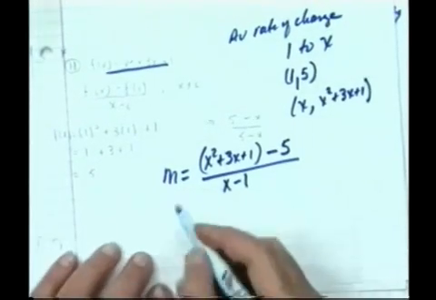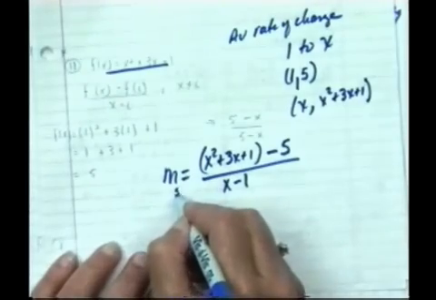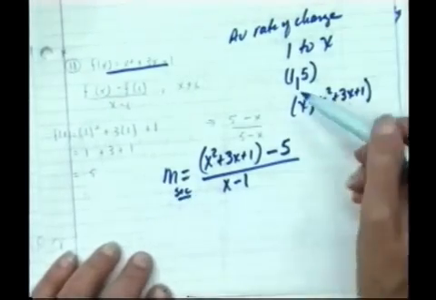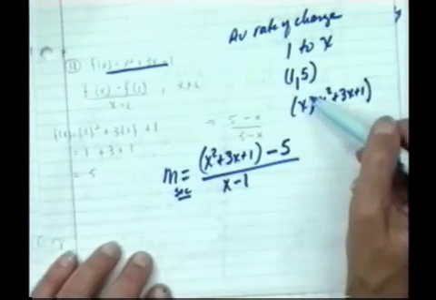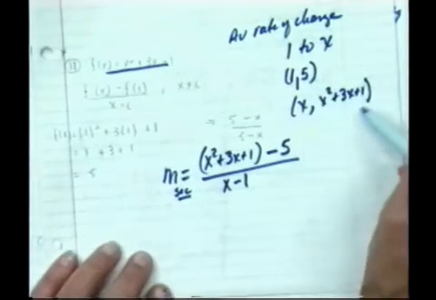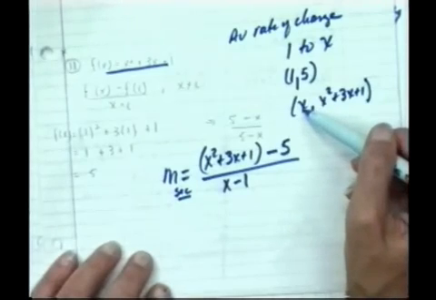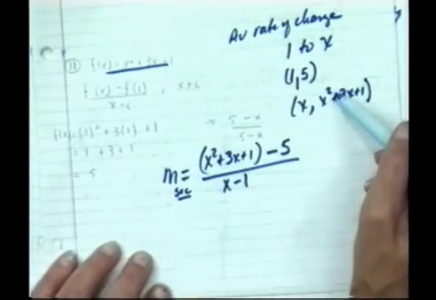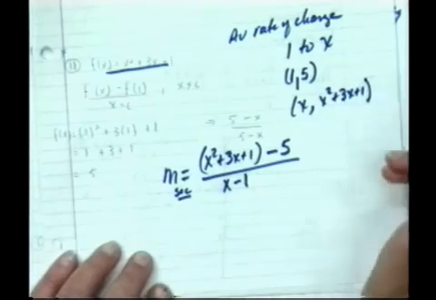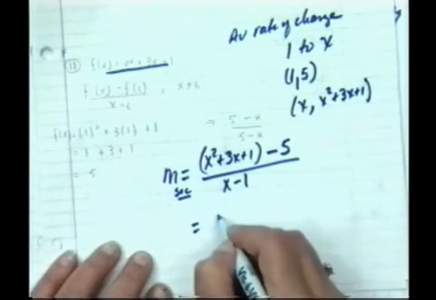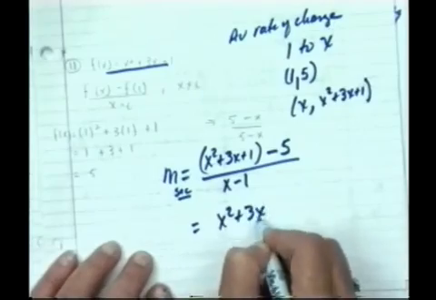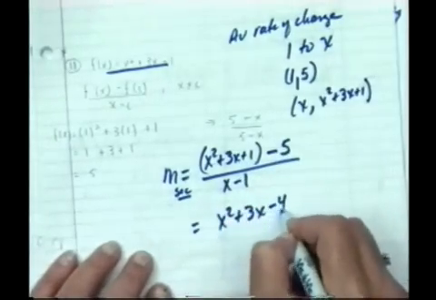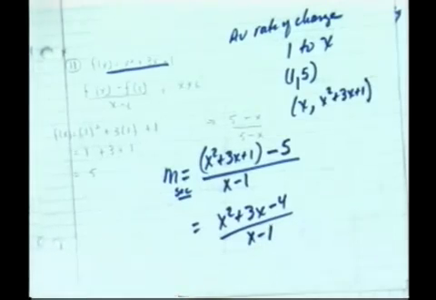This is the slope of the secant line between the point (1, 5) and any other point on the curve. Any other point on the curve would have an x, y value, and here's the function that defines that y value. That gives me x squared plus 3x minus 4 over x minus 1. Everybody good so far?